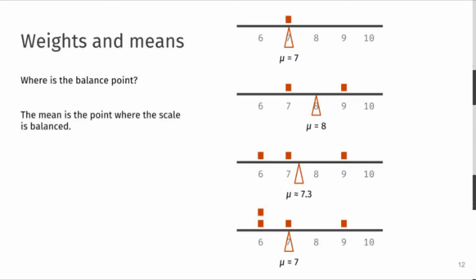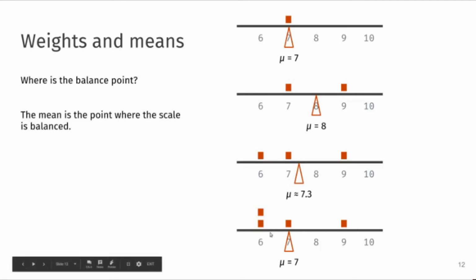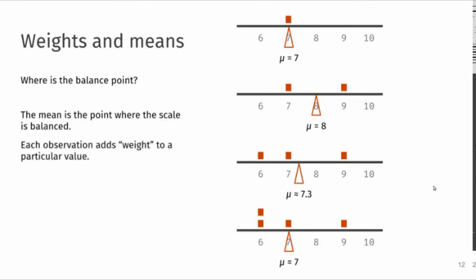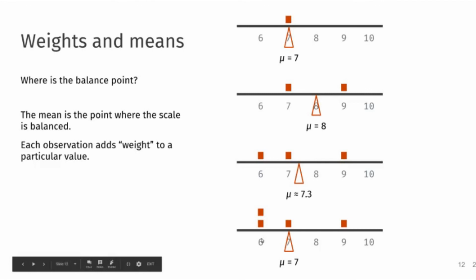So once again, the mean is the point where the scale is balanced, where the surface doesn't tip either to the left or to the right. And this is what I mean when I said that you could think of the mean as being a sum of the observed values weighted by how often they occurred. Because you can think of each observation as adding weight to a particular value.